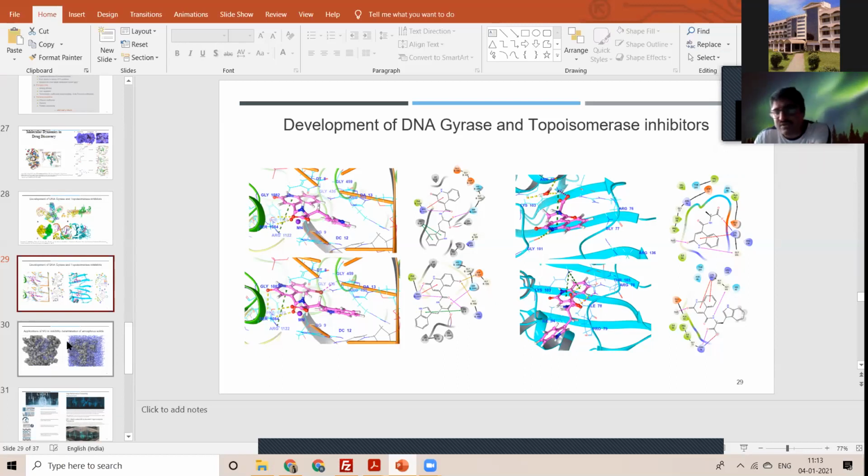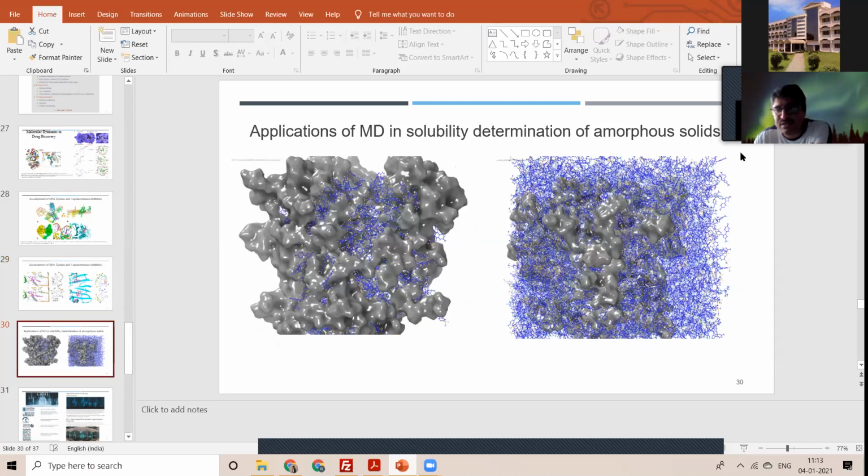It's not only drug discovery where you can use MD simulation, but you can also use MD simulation for drug development. The drug development aspect of MD simulation is different as compared to the drug discovery aspect.